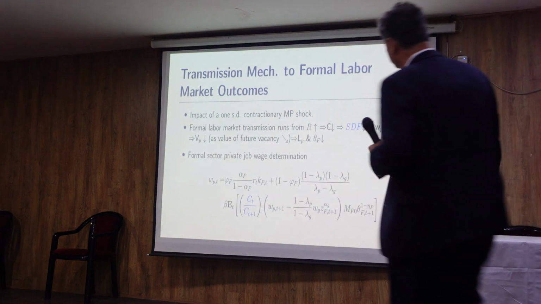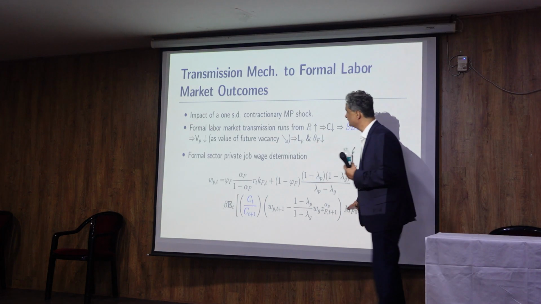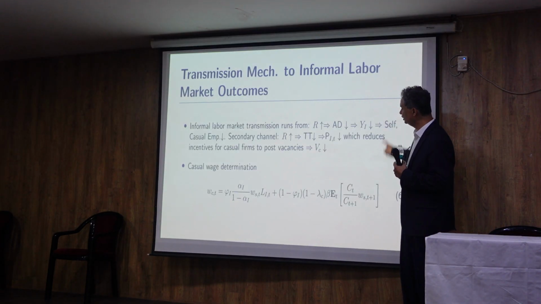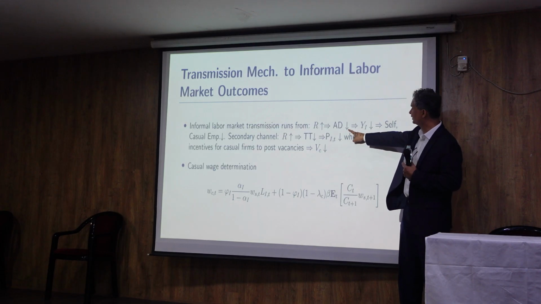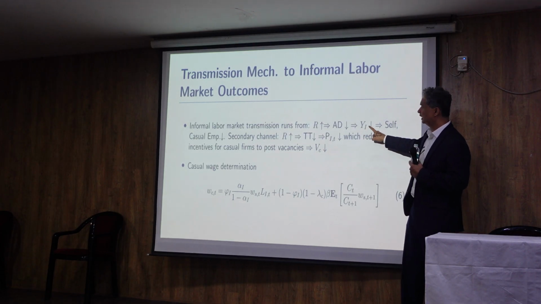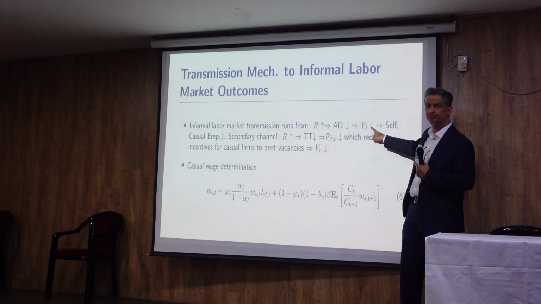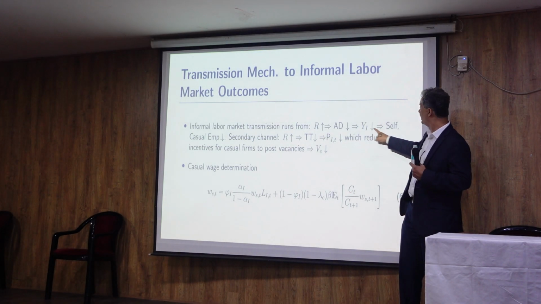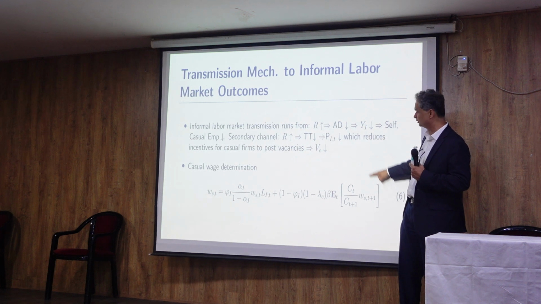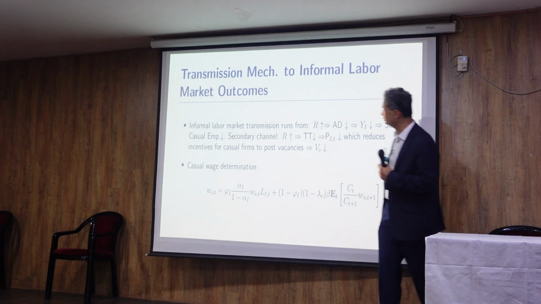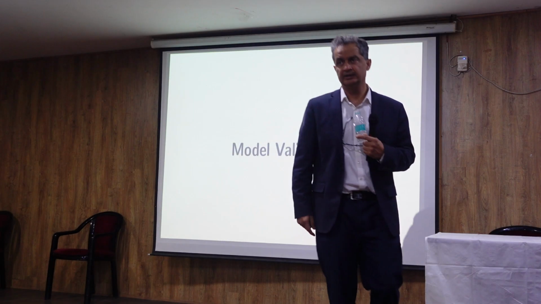Through Nash wage bargaining, we get this thing, and if you go to the next thing, in the informal sector, what happens is monetary policy tightens, aggregate demand falls, demand for the informal input falls by firms, and self-employment demand, casual employment demand falls, so these employment outcomes fall. This happens to this equation. Next slide, please, and I'll just wrap up.